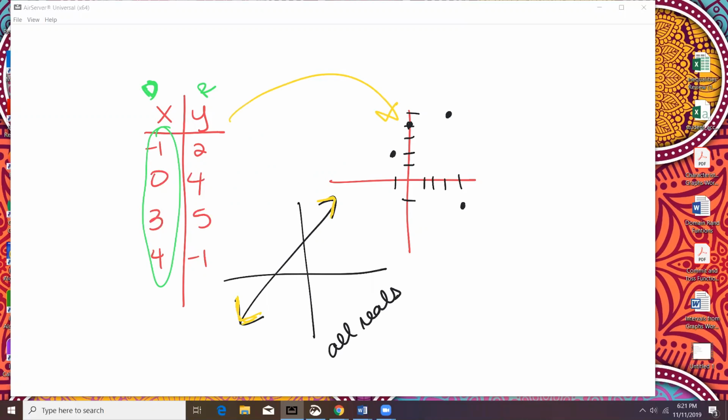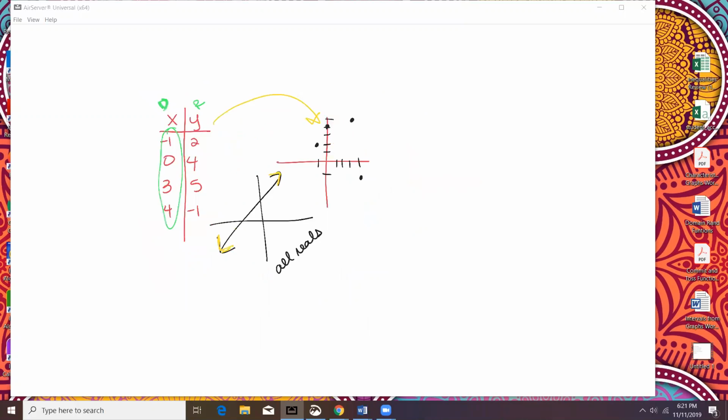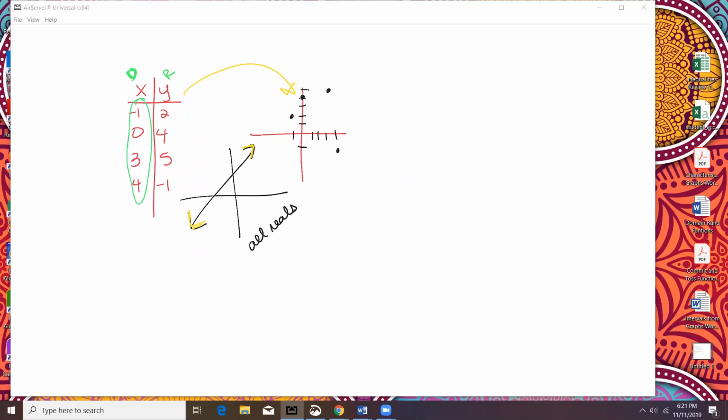Now, the other thing that gets a little bit confusing is when you add another kind of graph, something like this. In this one, you had just a very limited number, just those 4 domains.